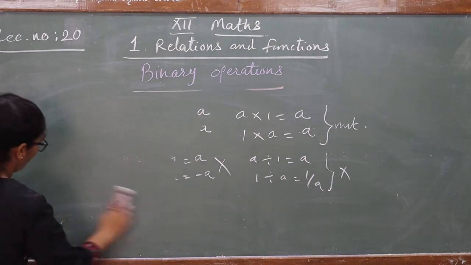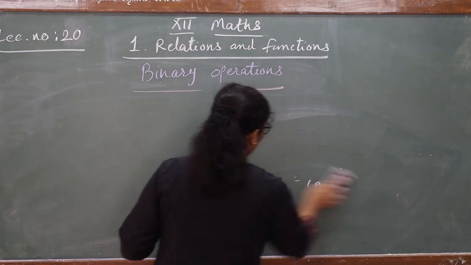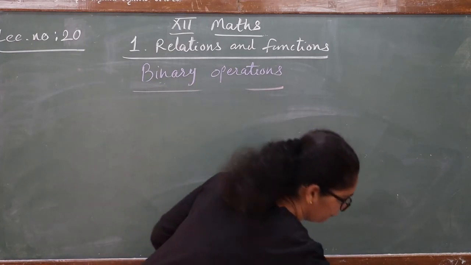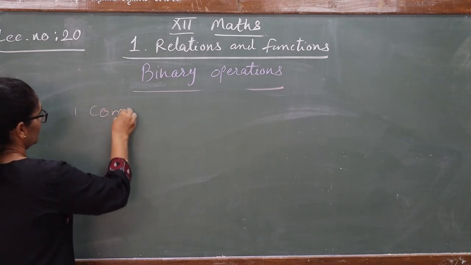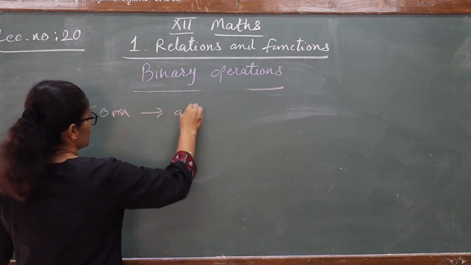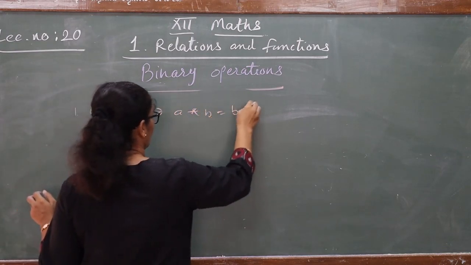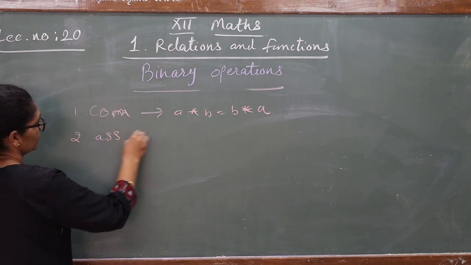After discussing all four properties, you just have to remember that for binary operations you have to check four properties. First is commutative. What is your commutative property? A asterisk B equals B asterisk A. Second, associative.